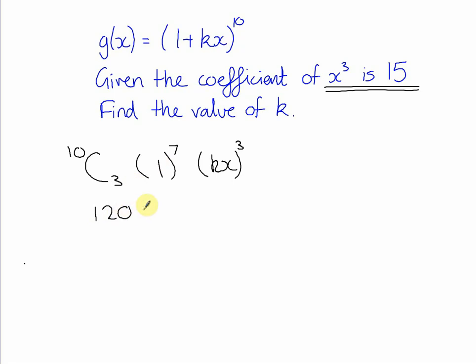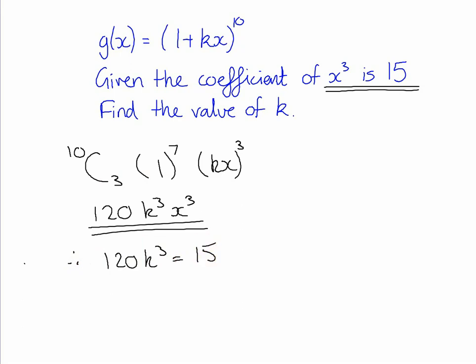So we have 120 k cubed x cubed. That is what we would get out of here. But we're told now the coefficient of x cubed is 15. So 120 k cubed is equal to 15. Now 15 divided by 120 is 1/8. So then cube root, so k is equal to a half. It's as simple as that.